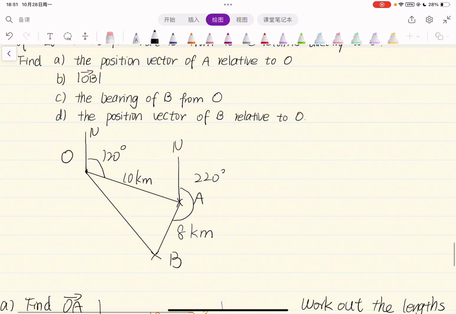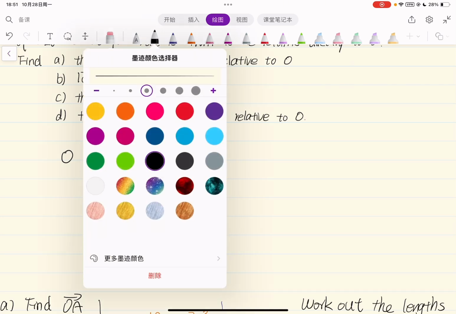So let us see, we know the length OA and the length AB. It seems that we can use the cosine rule to find the magnitude of the vector OB. What we are missing is the angle OAB. Now let's find it.